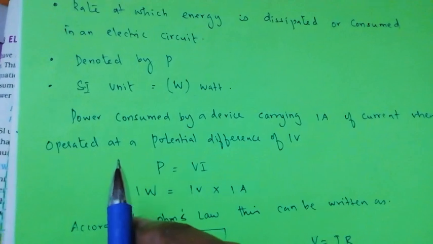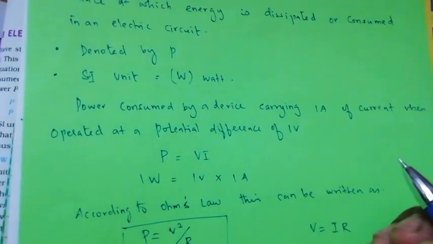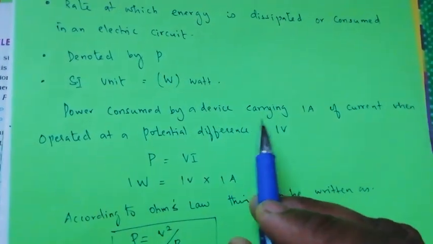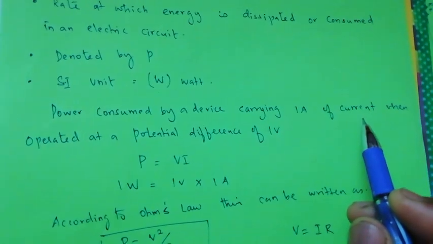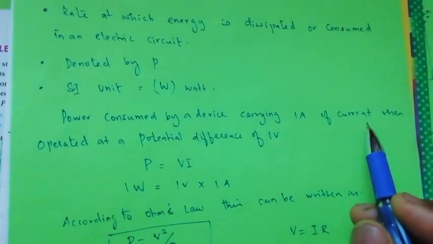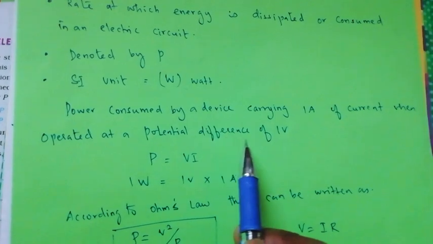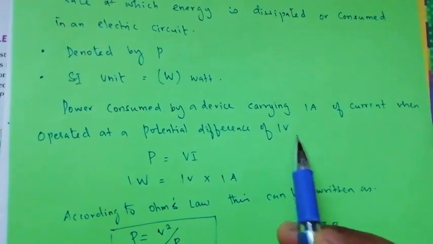What is the power consumed? It is the power consumed by a device carrying 1 ampere of current when operated at a potential difference of 1 volt.